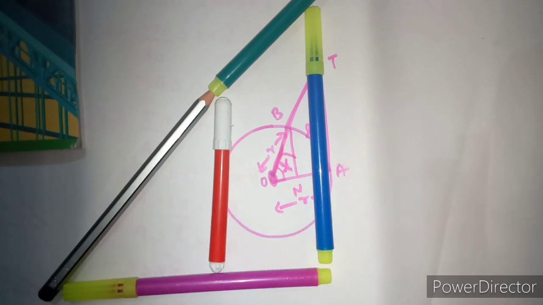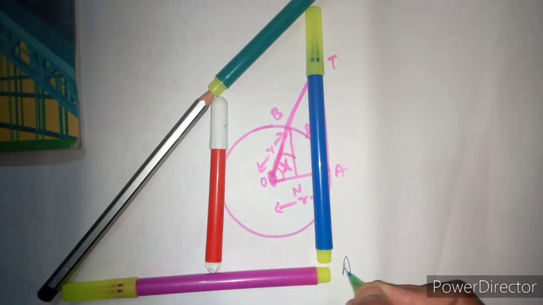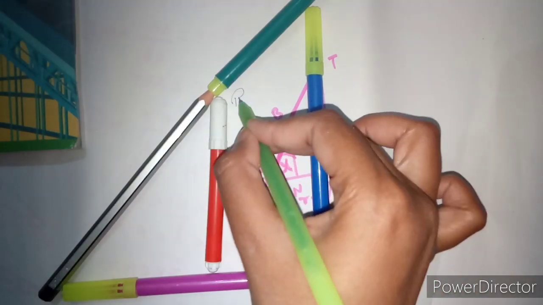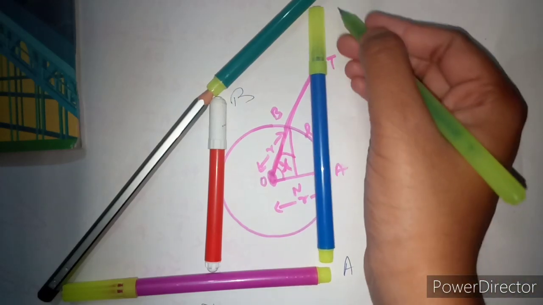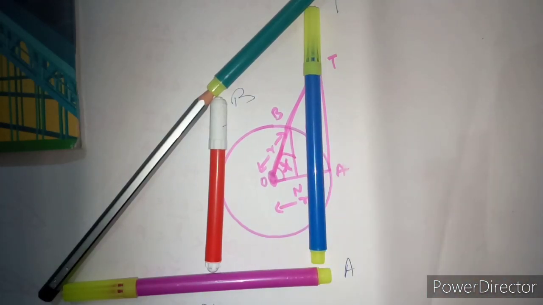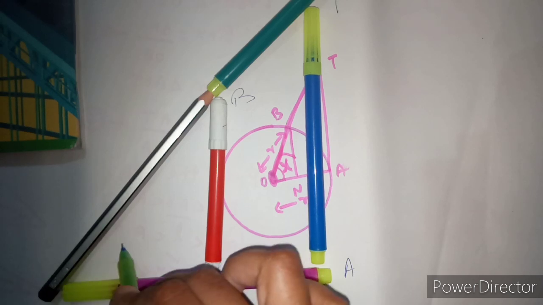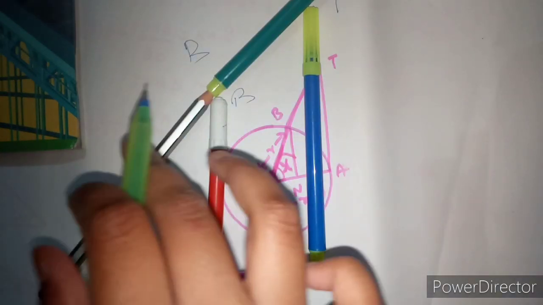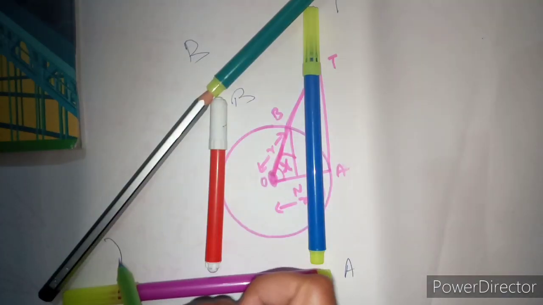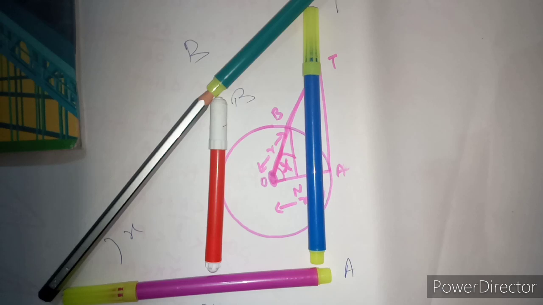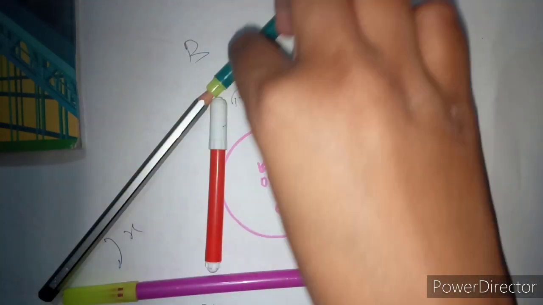So this is OA and this is BN and this is AT, okay? And these two lines, OA and OB, see this is OB, these two lines are making angle x, right? So what is this x doing? This x is approaching the origin.